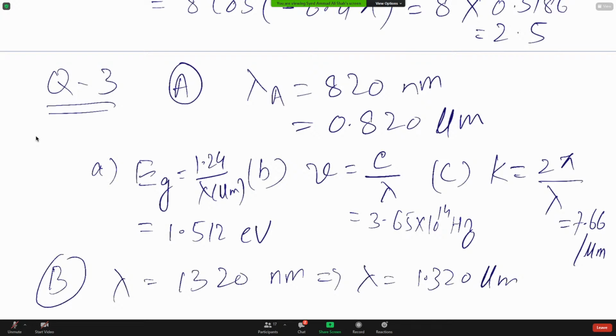When I post the solution, you will get all the answers. Not solved exactly as I'm solving right now, I will post it as it is. But the proper solution which the professor will post will have all the answers.